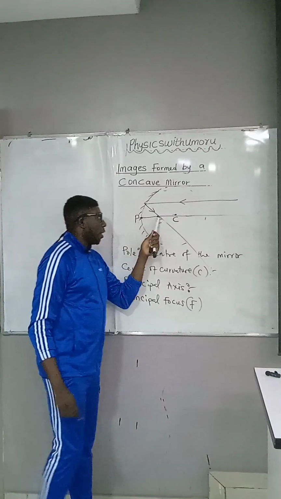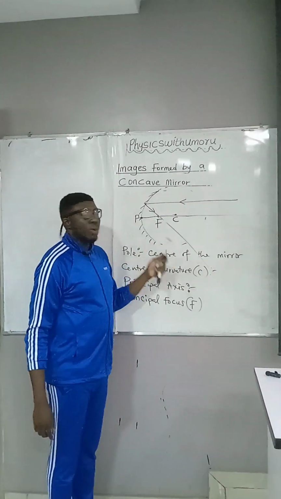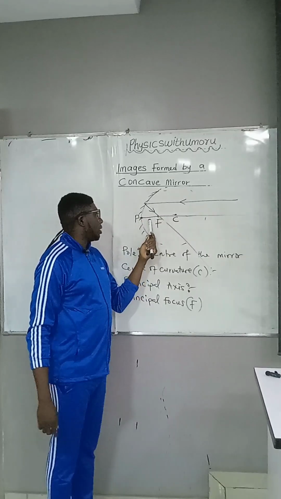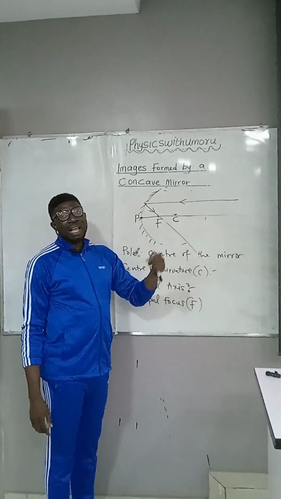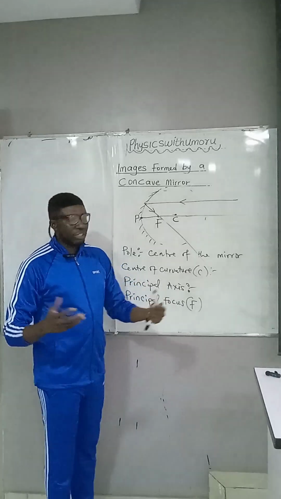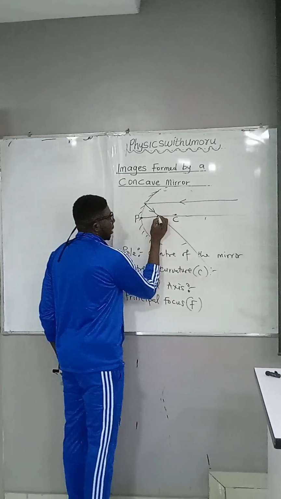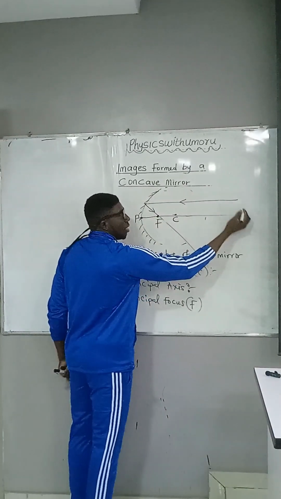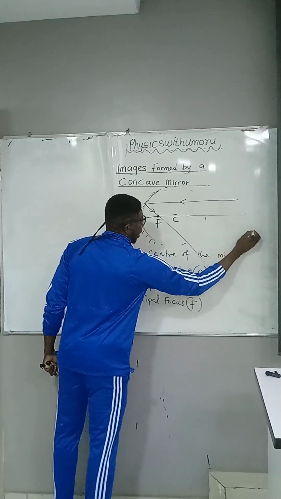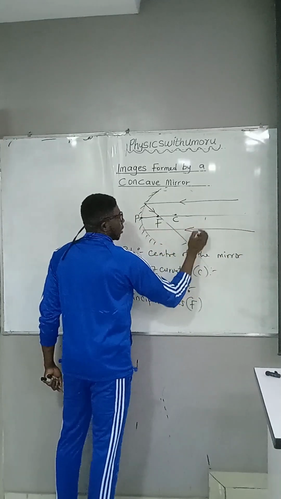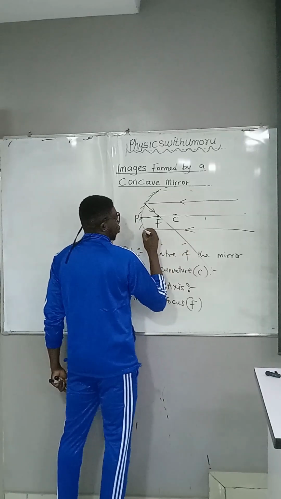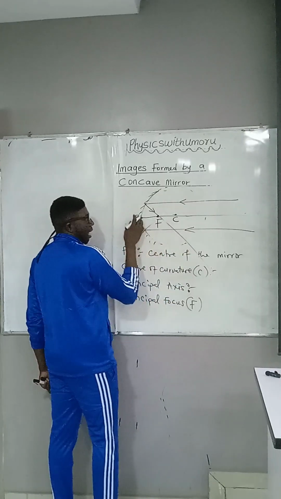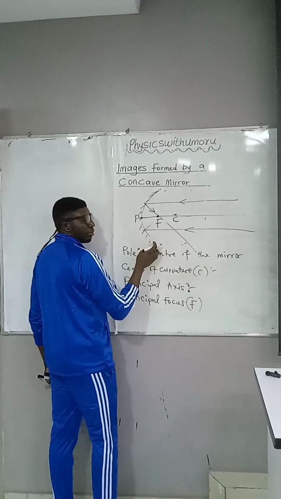So it is a point on the principal axis where rays parallel and closer to the principal axis will converge or appear to diverge after reflection. This ray that is parallel now, this one also parallel, you notice that when it hits the mirror, it's going to converge, because that's why we call this converging mirror.